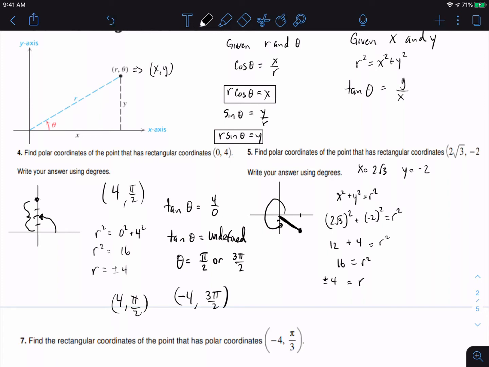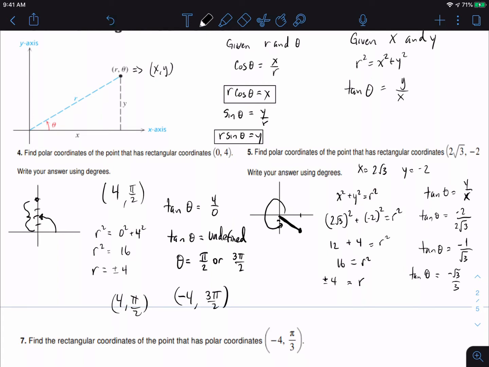Now, to do this then, I need to get the angle also. And the angle is going to be found by going, okay, tangent of theta is equal to y over x. So then tangent of theta is a negative 2 over 2 radical 3. So then tan of theta is a negative 1 over radical 3, or we can think of it as tan of theta is negative radical 3 over 3.